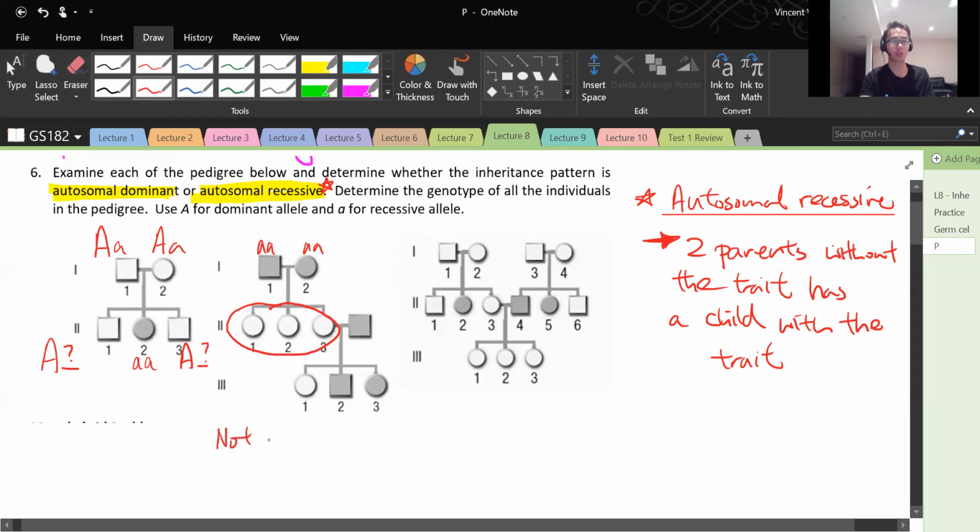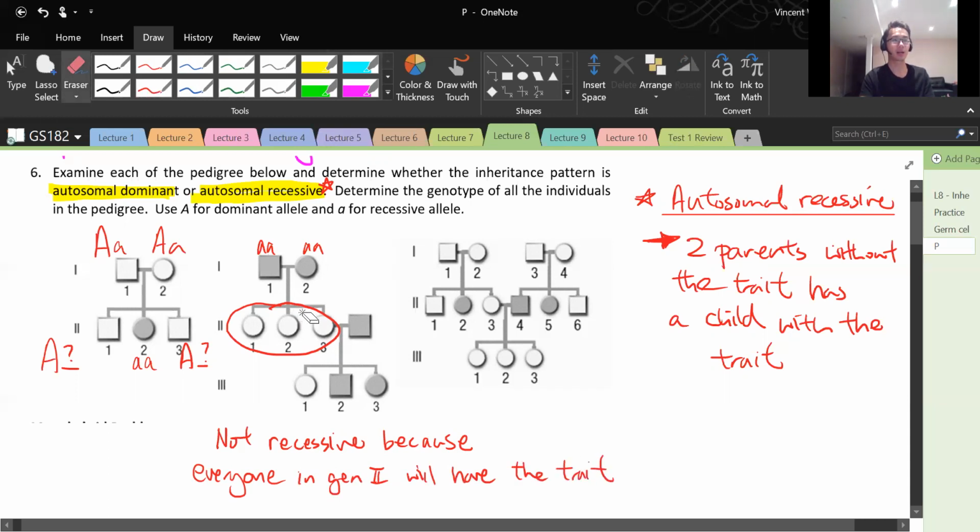Not recessive because everyone in generation 2 will have the trait, but they don't. So that's how I know it is not recessive.